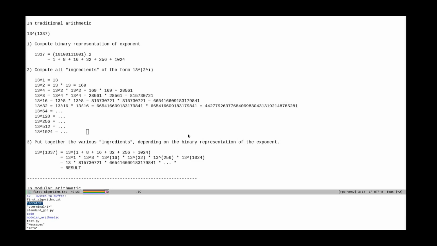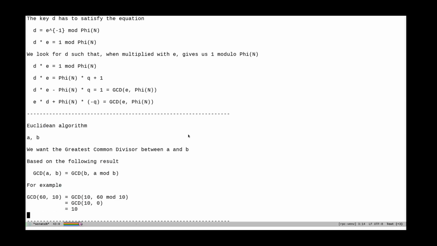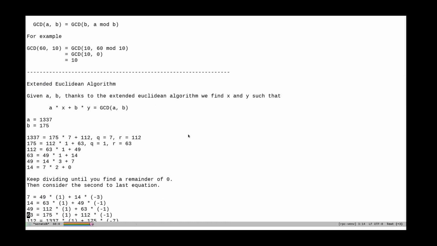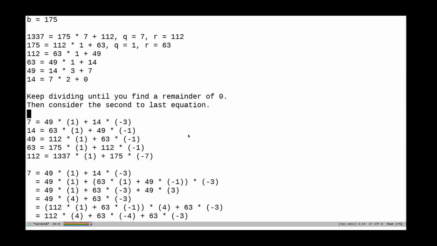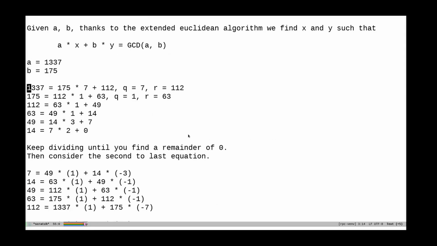For the second, it is a bit more involved, in the sense that you take your 2 numbers, because you are given 2 numbers, and you start by dividing them in a cascading manner. So first you divide A with B, then you divide B with the remainder of the previous division, then you divide this thing with the remainder of the previous division, and you keep going until you find 0.